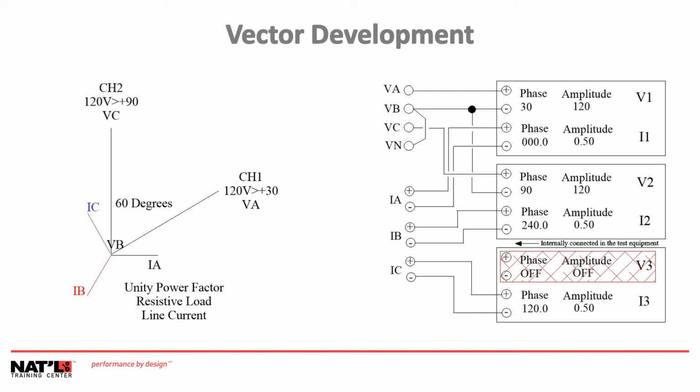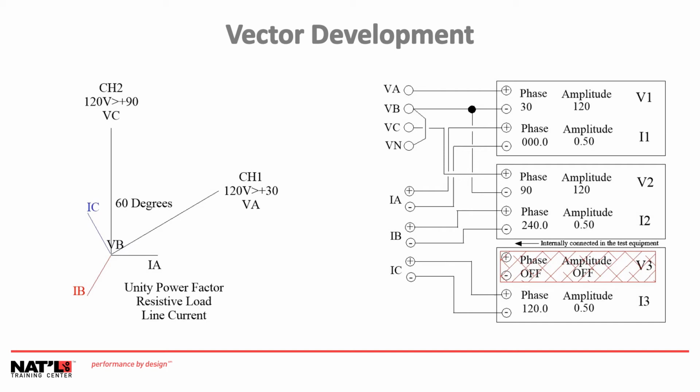So at VA, we put our first channel and we set it at 30 degrees with an amplitude of 120 volts. On VB, it's a little different. VB is basically going to be at 0 reference or neutral. You'll see it down in the middle of the vector diagram on the left. And you'll notice that VB is jumpered to VN.